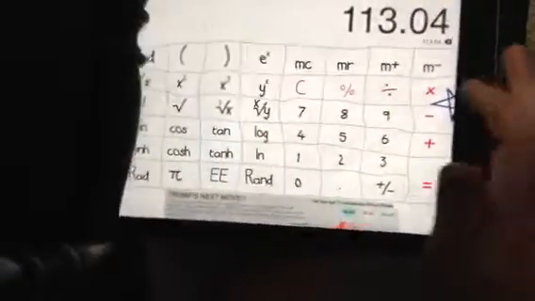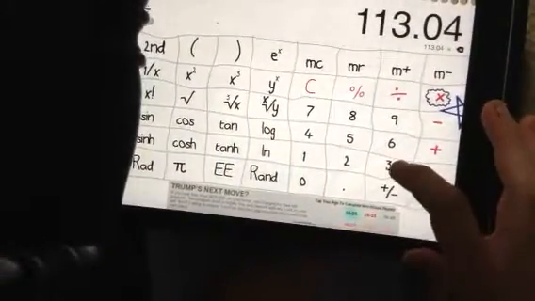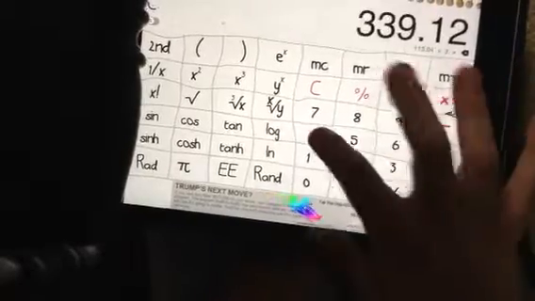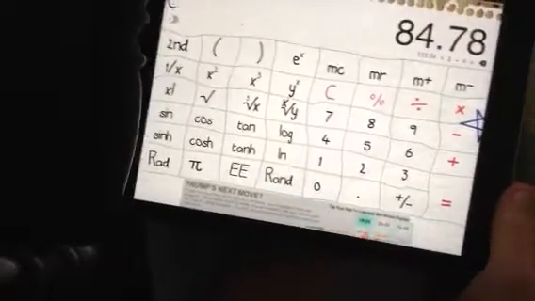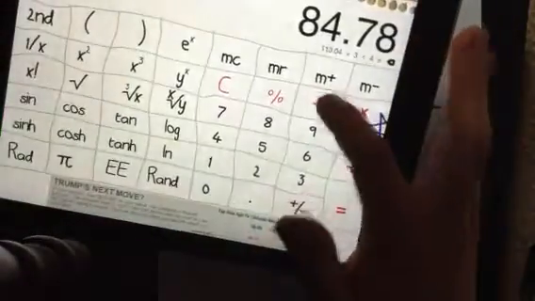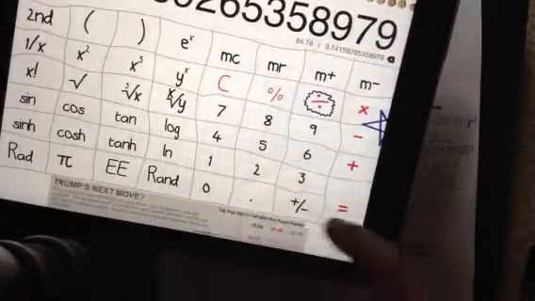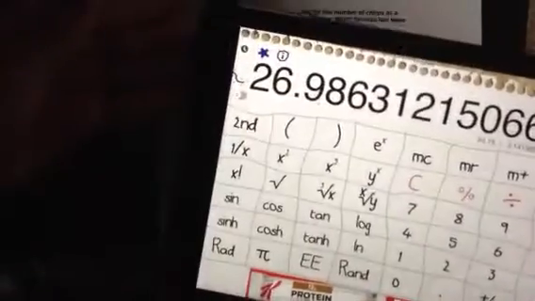113.04 times 3/4 equals 84.78, which I have here. Divide that by pi, and you get 26.98, roughly.